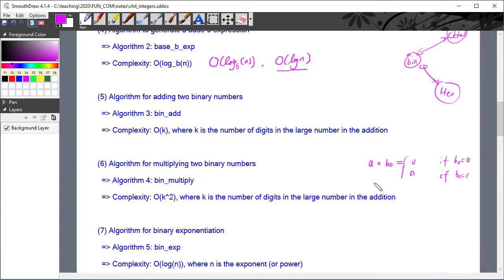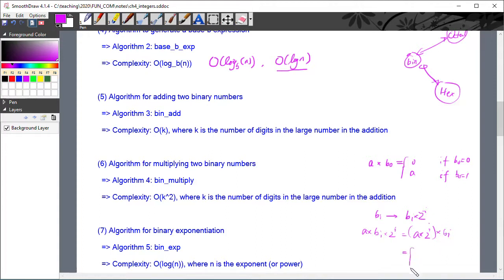So the idea is that when we have Bi, the corresponding number is Bi times 2 to the power of i. So A times Bi times 2 to the power of i equals A times 2 to the power of i times Bi.